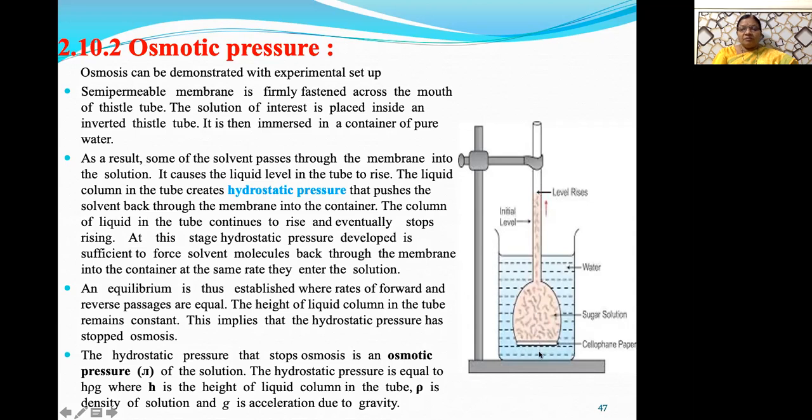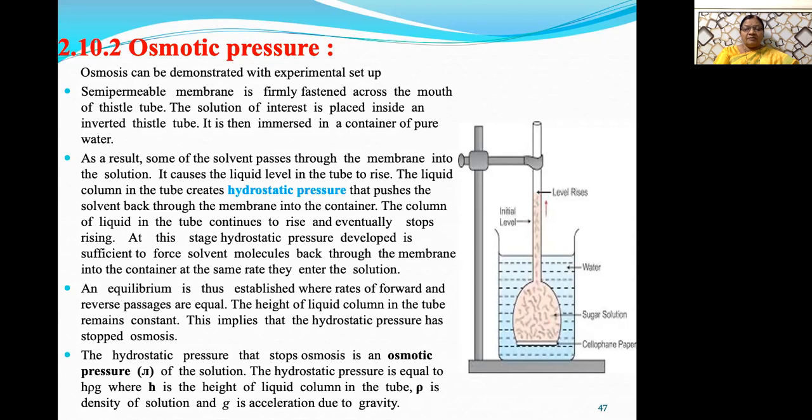When the rates of forward and reverse passages become equal, osmosis stops, meaning the level remains constant. This hydrostatic pressure which stops the osmosis is known as osmotic pressure. It is denoted by the symbol pi.